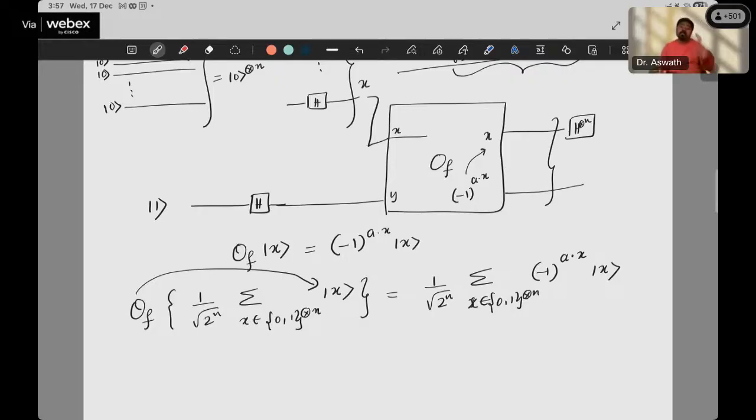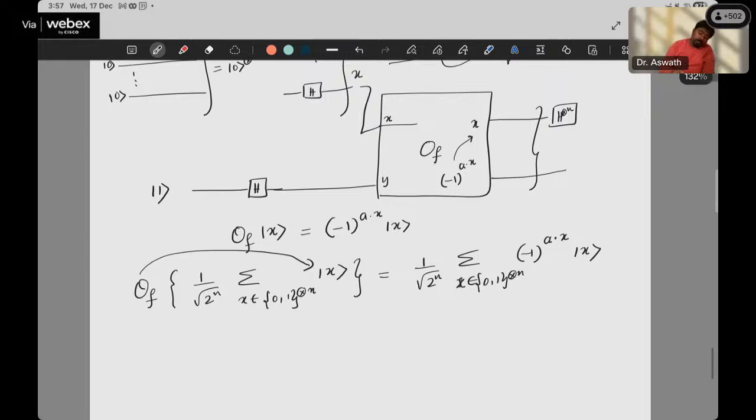It's like the ancilla becoming a control, and whatever was the control earlier becomes a target. So the ancilla comes as it is. That's why I'm not worried. I'm only worried about what is happening to the target, sorry, control.